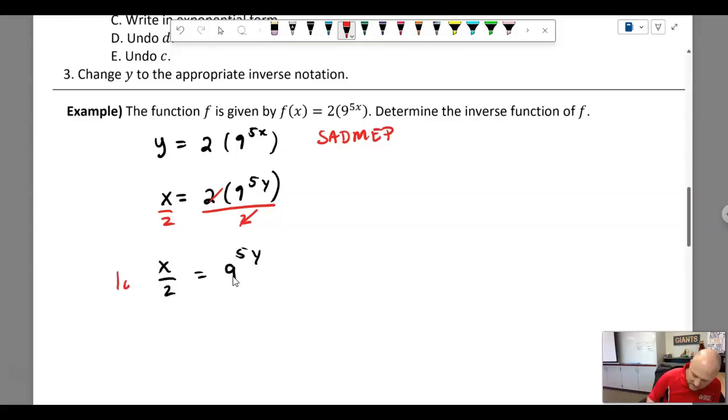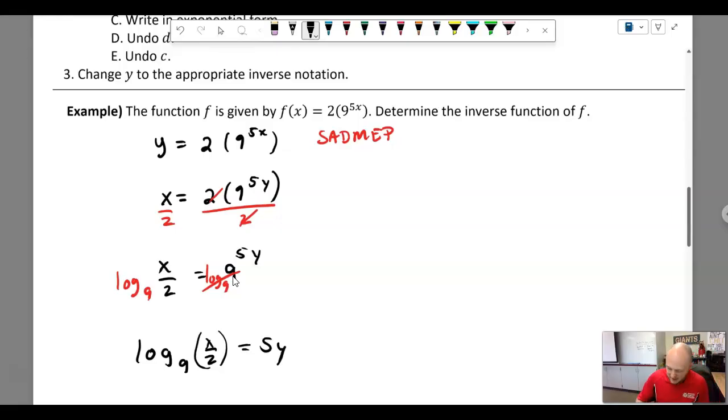I'm going to take log base 9 of both sides. And that cancels. So I now have log base 9 of x over 2, or 1/2 x, equal to 5y. Lastly, I'm going to divide by 5. So now I repeat my steps, right?